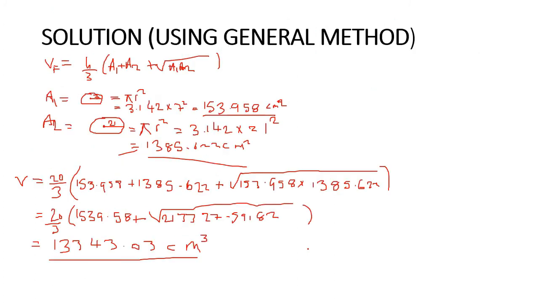So we are emphasizing the general method is the best because it can be used to find the volume of both the pyramid and the cone.